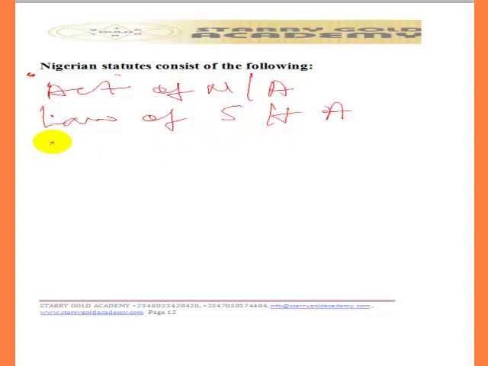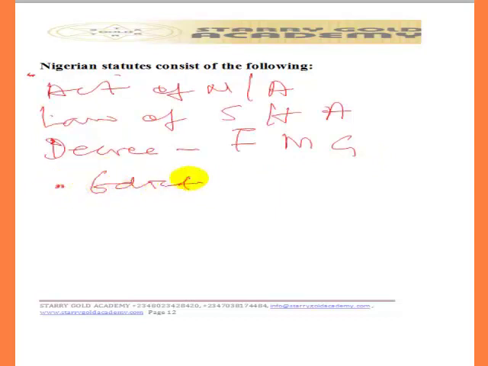We have the decree, which is a law made by the federal military government. And we have the edict, which is a law made by the state military government. These are examples of statutes we have in Nigeria, which we are still making use of today.